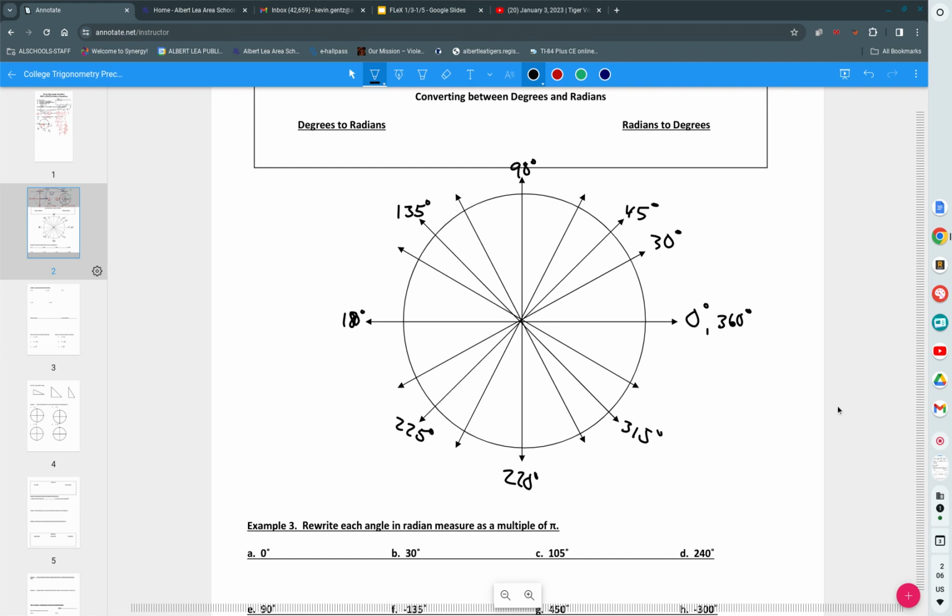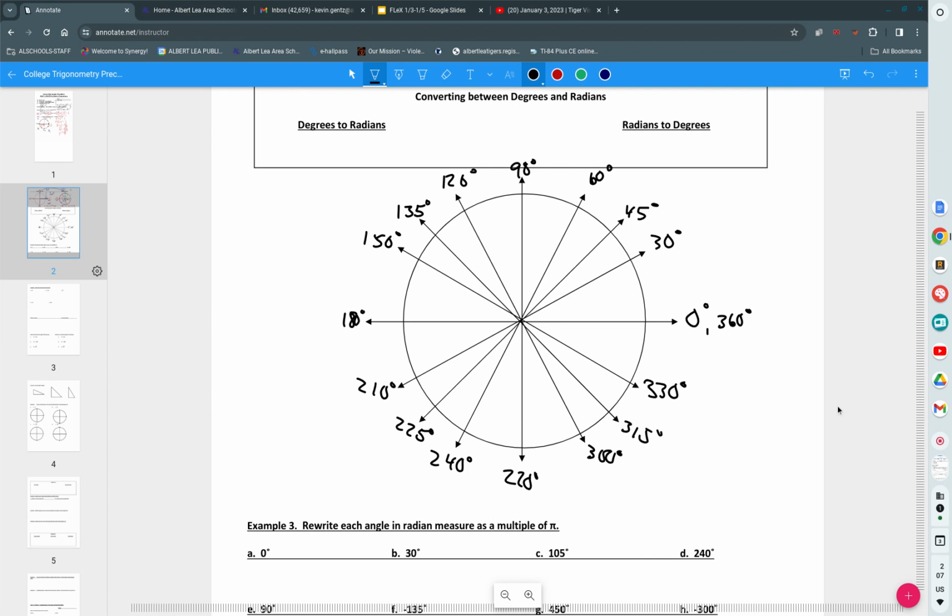Then if I go up by 30, I will be at 60, 90, 120, 150, 180, 210, 240, 300, 330.